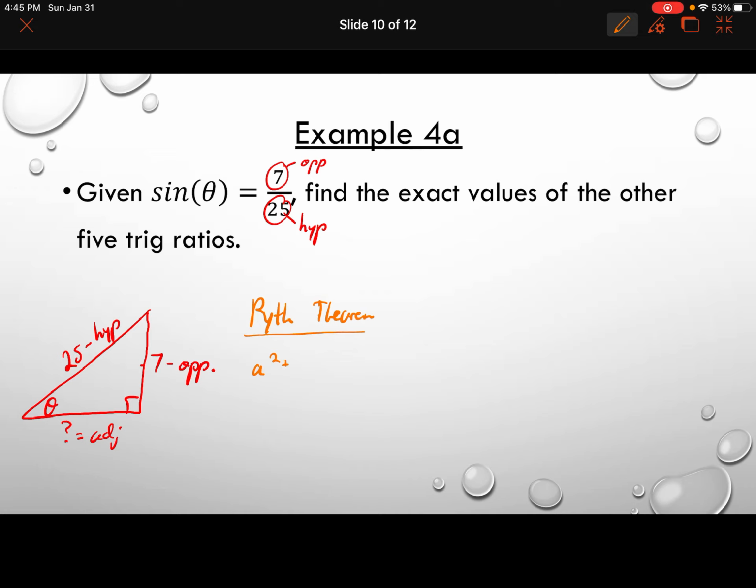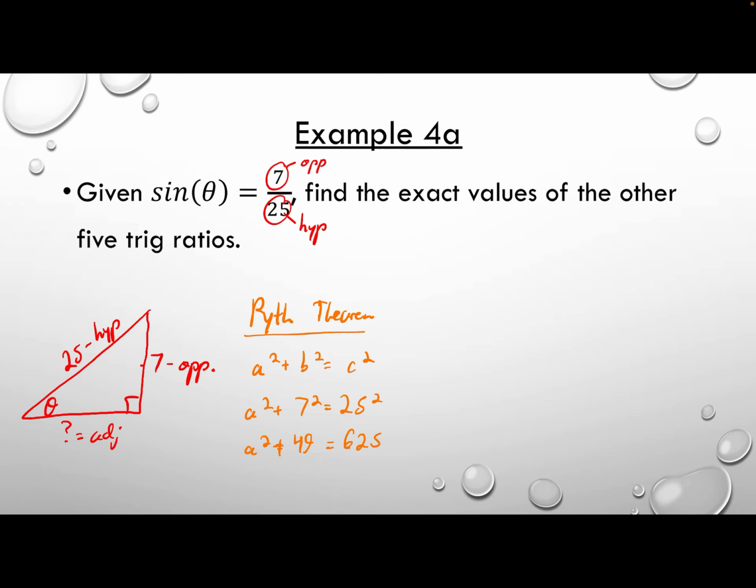So Pythagorean theorem: a squared plus b squared is equal to c squared. Remember, c is always the hypotenuse. So we have a squared plus 7 squared is equal to 25 squared. So a squared plus 49 is equal to 625. Subtract 49 from both sides, because remember, we're trying to get a squared. a squared is equal to 576.